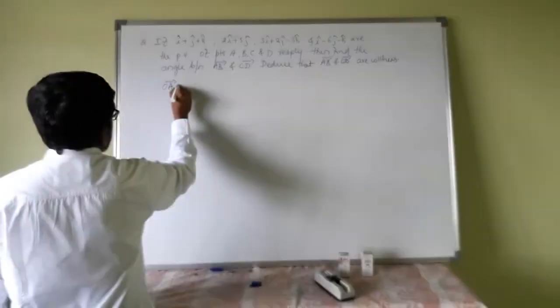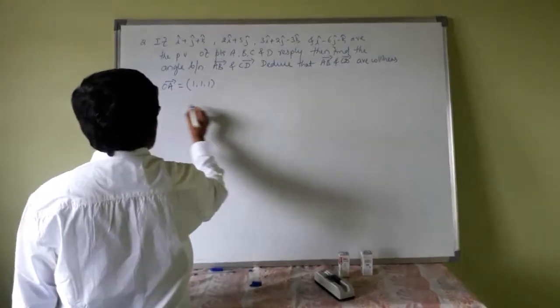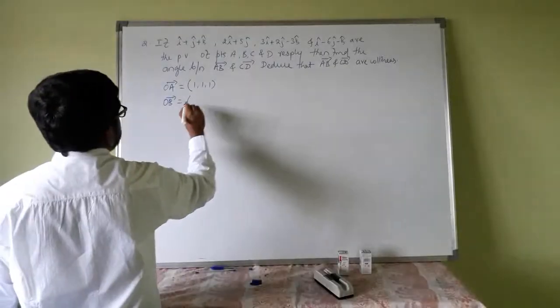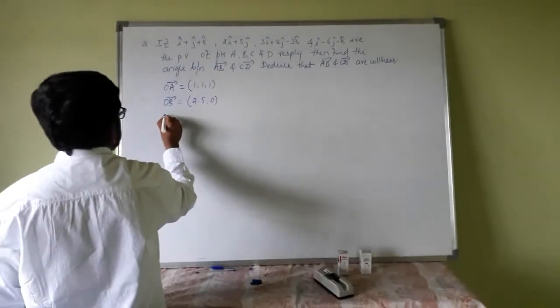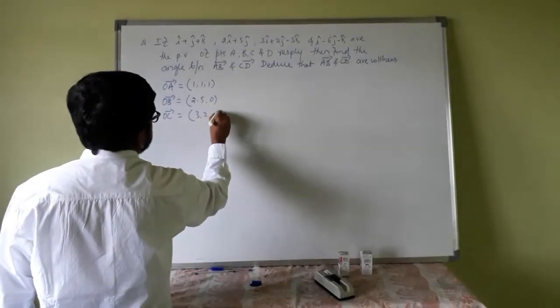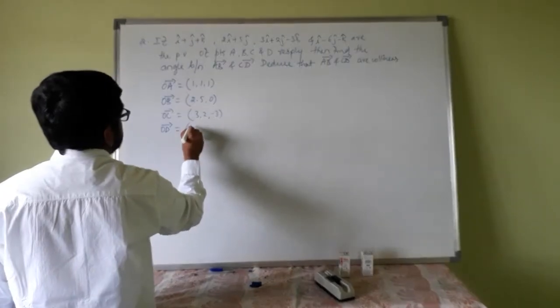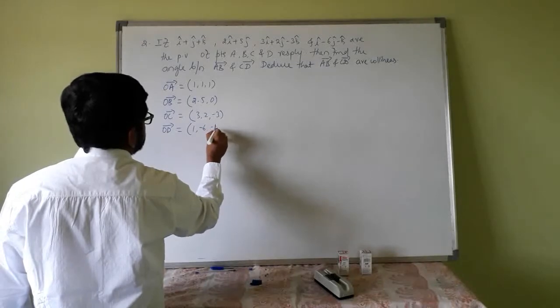OA is 1, 1, 1. OB is 2, 5, 0. Position vector of C is 3, 2, minus 3. Position vector of D is 1, minus 6, minus 1.